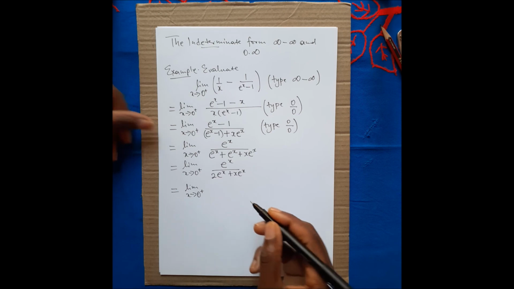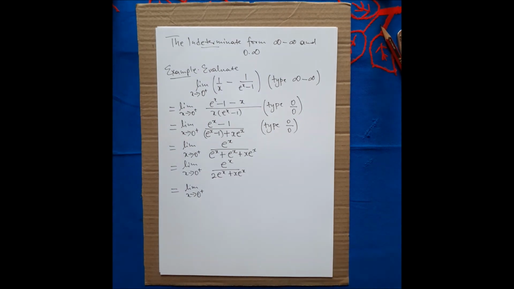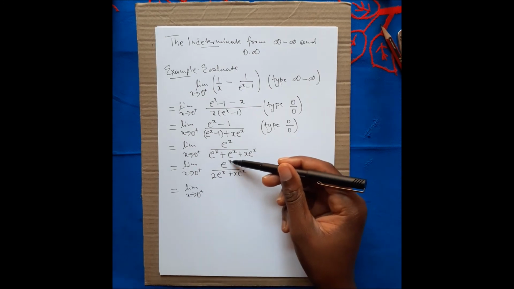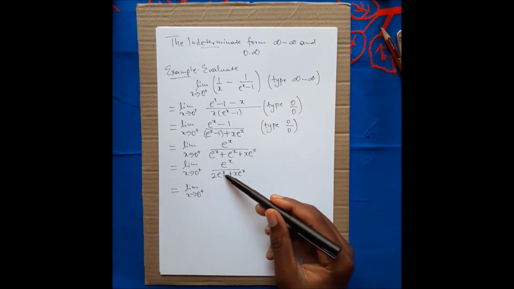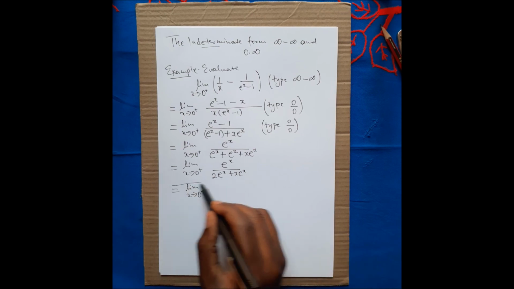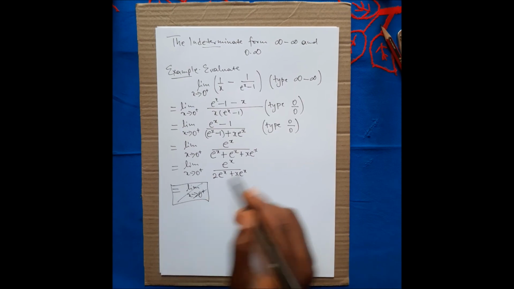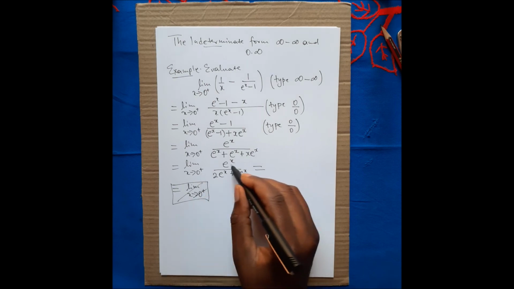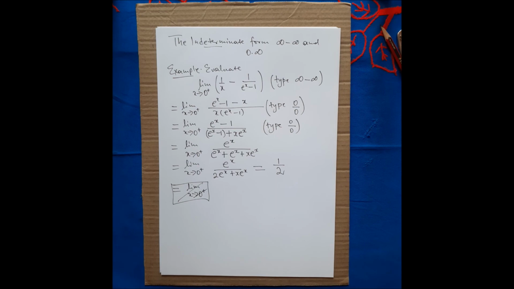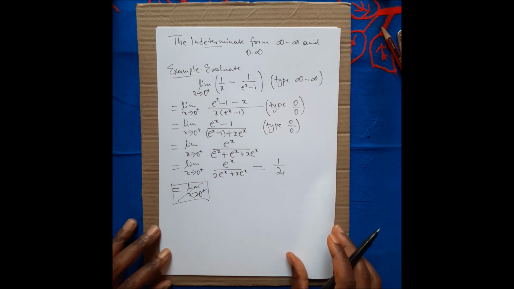We can quickly see that if you put 0 here, you get 1, here you get 1, and here this will be 0. So one may quickly see that this is equal to 1 over 2. So that was our example.